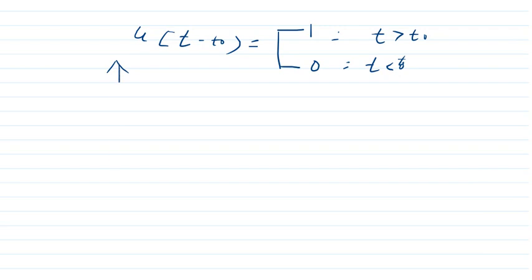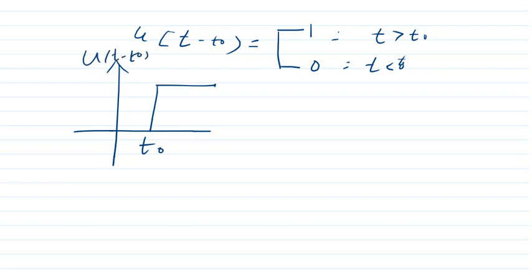So the graph is like this. Basically with u(t minus t naught), you are providing some delay. So this is your shifted unit step signal.